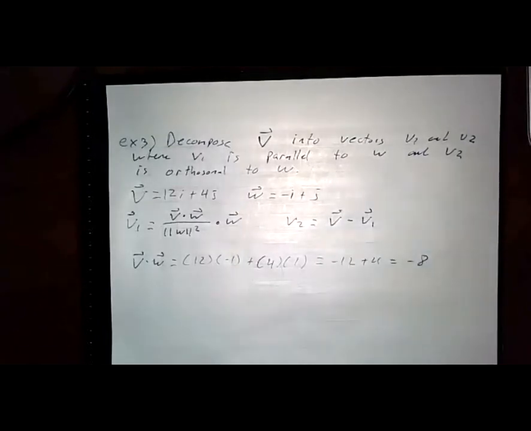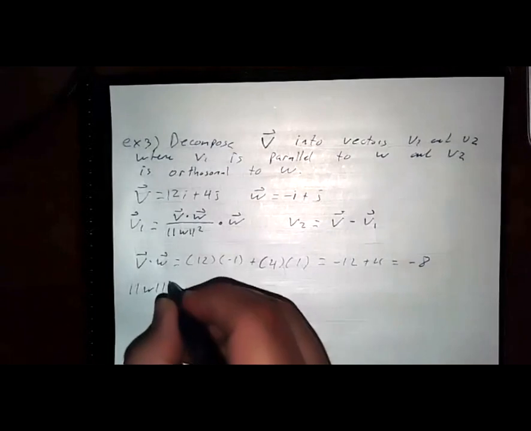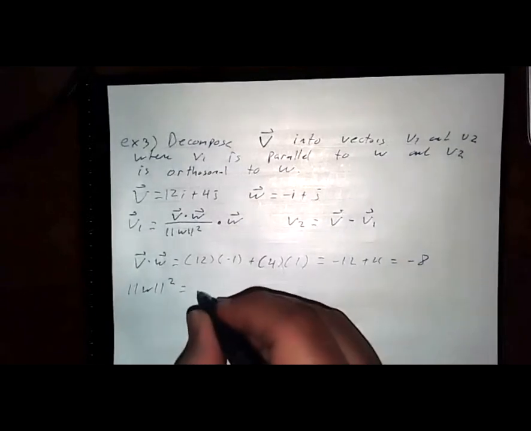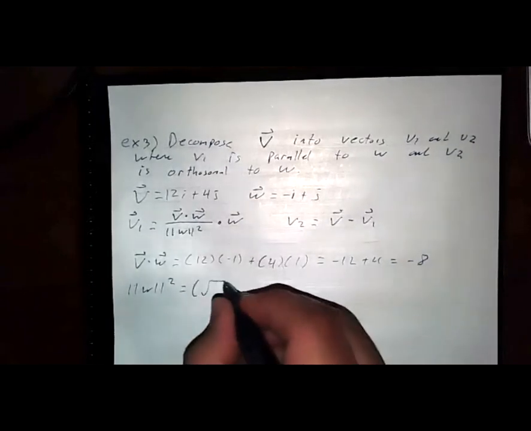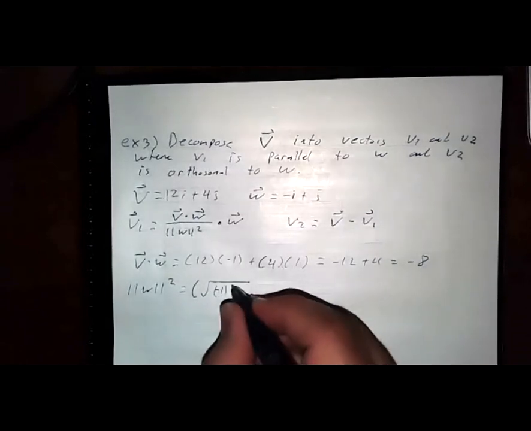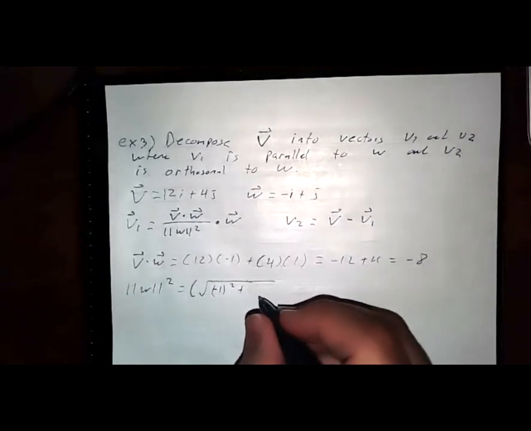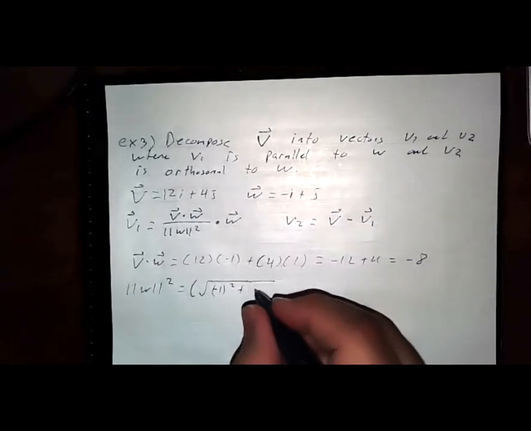There's my dot product for V and W. Now, magnitude of W squared is the square root of -1 squared plus 1 squared.